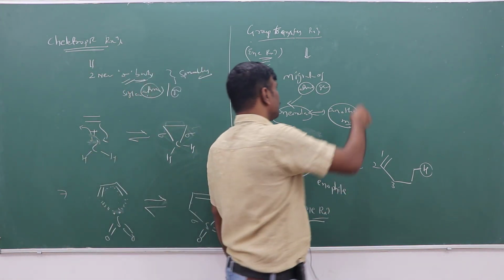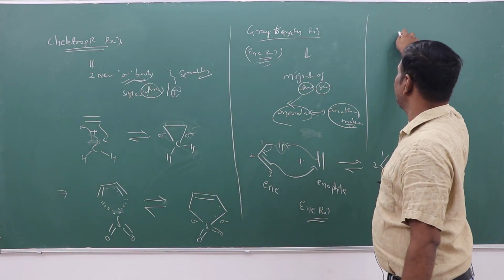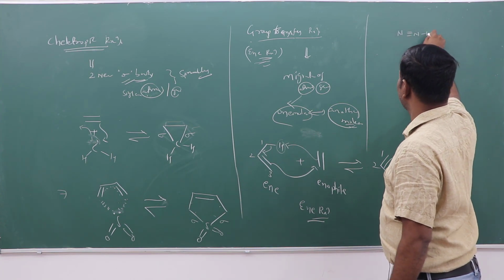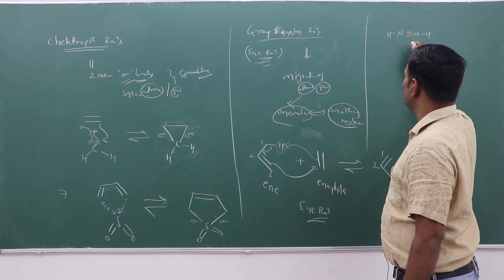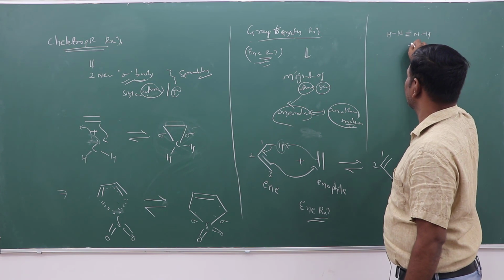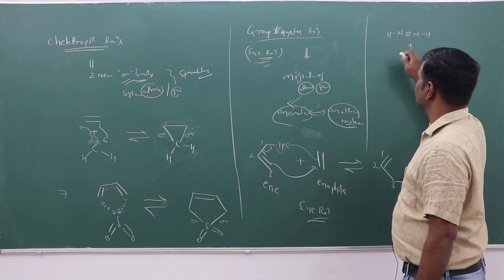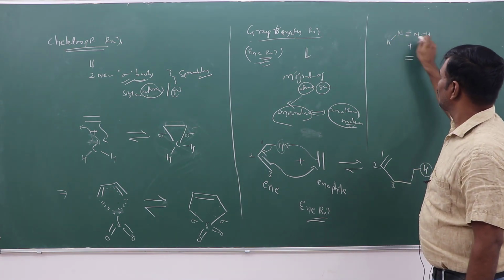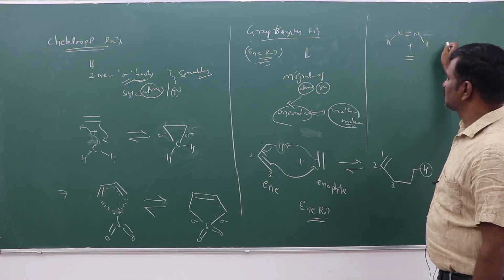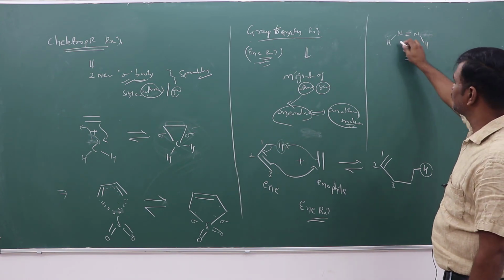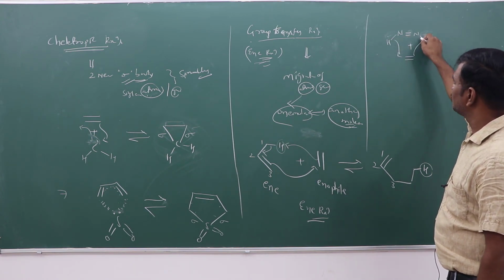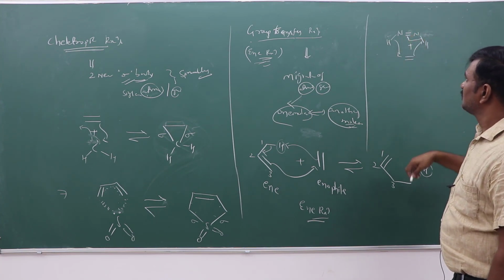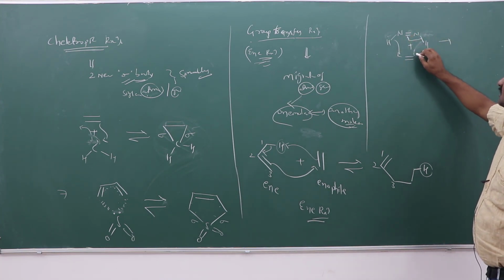Or, transfer of hydrogen from diimide to the olefin. Here it is N triple bond N, with these hydrogens, and the hydrogen transfer takes place from the diimide to the olefin.